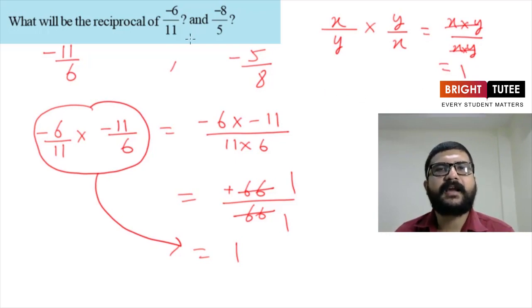So it means product of a rational number with its reciprocal is 1, or we can say when a rational number is multiplied with its reciprocal, it will produce 1. So we have seen how to find reciprocal of a number, and we have seen that product of a rational number with its reciprocal is always equal to 1. Now let us see how we can divide rational numbers.